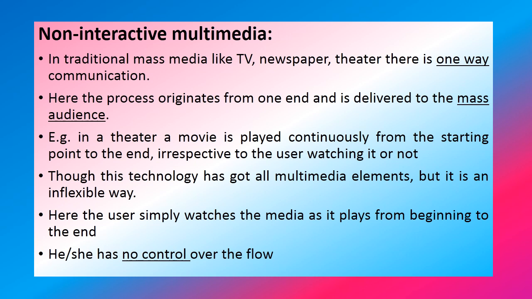For example, in a theater, a movie is played continuously from the starting point to the end, irrespective of the users watching it, or talking with each other, or using mobile phones, or eating popcorn and samosas. It doesn't make any difference for the movie. The movie goes on as it is.